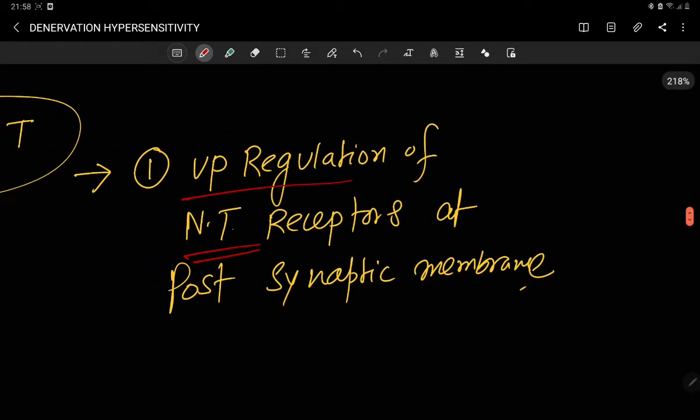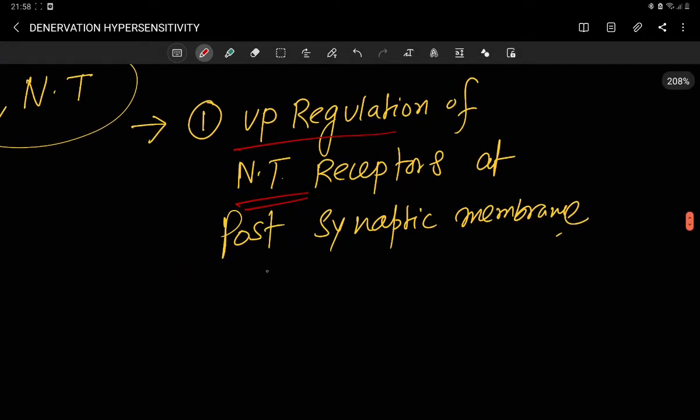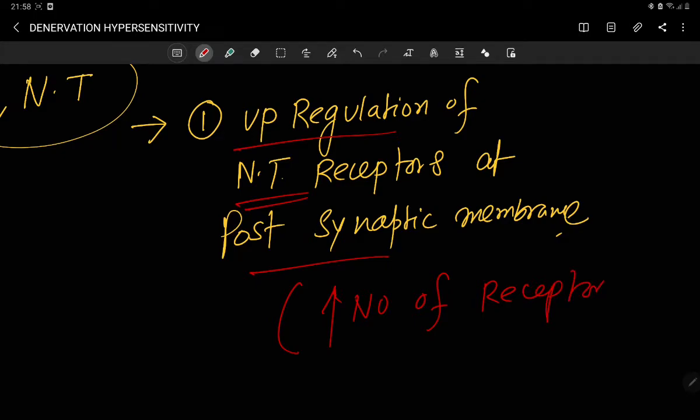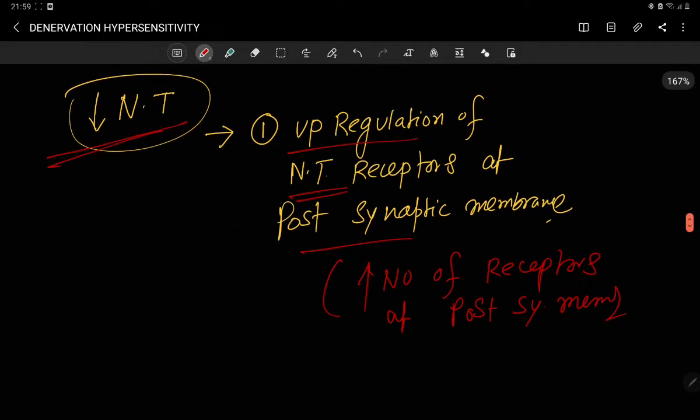This is maybe a modification at the genetic level, due to higher protein synthesis or something. So this is the upregulation of receptors at the postsynaptic membrane, that means an increased number of receptors at the postsynaptic membrane.